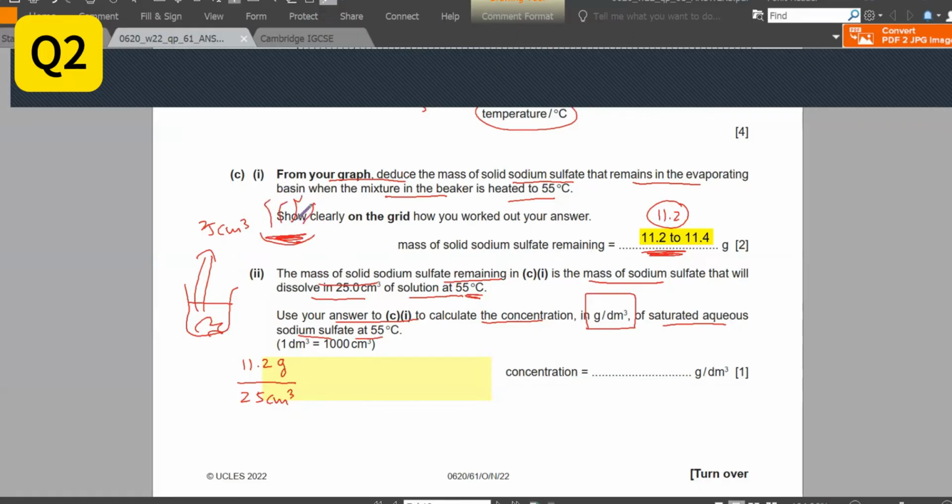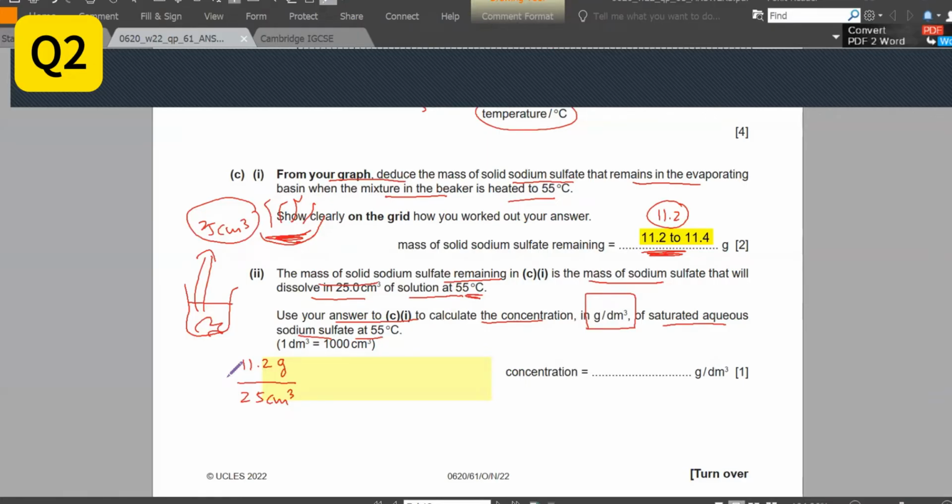So essentially, we are working out the solubility in 25 cm cube of water. So here, the solubility that we have is 11.2 grams in 25 cm cube of water.